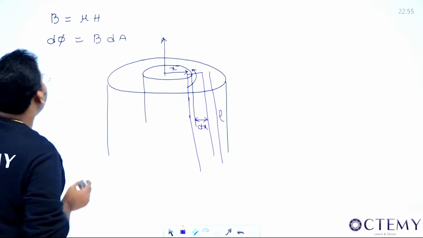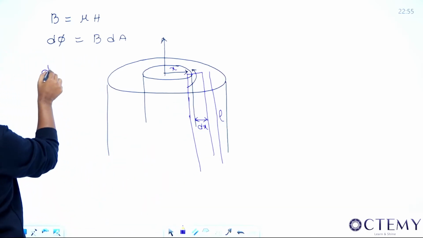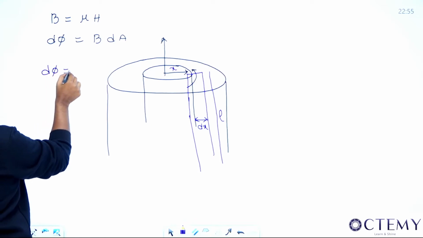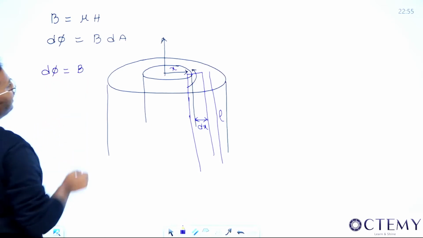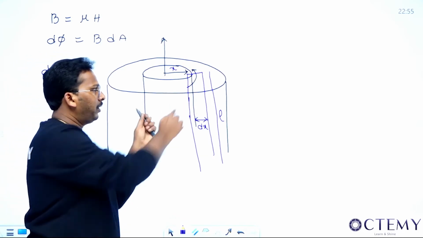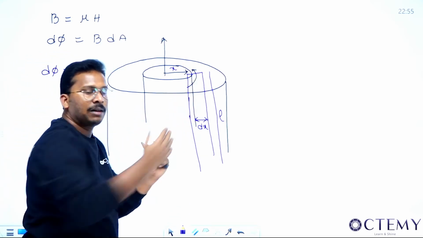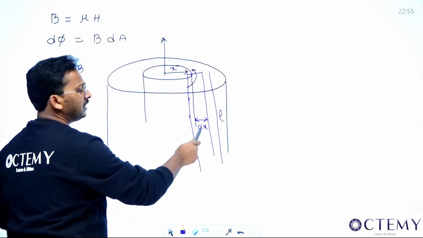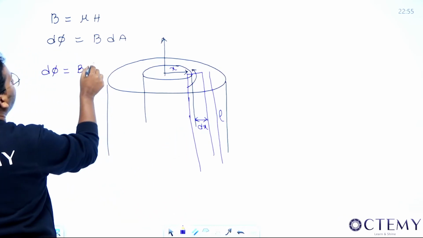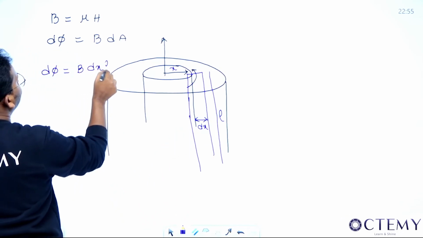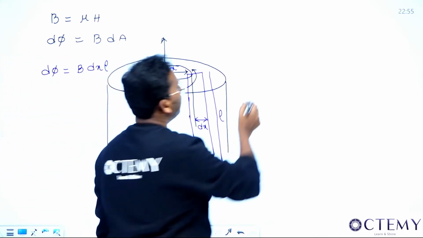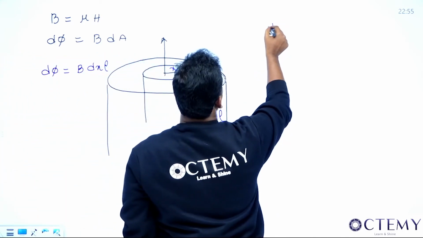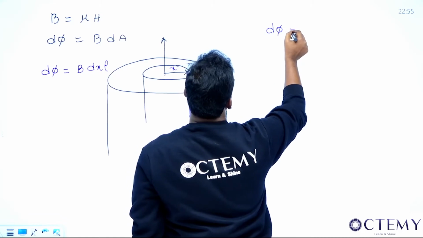So what will be my d phi? My d phi will be B into, what is dA, sir? This area, because from this strip the flux lines are coming like this, right? So this is dx into L. Now see, sir, what is d phi equal to? What did we get B as?